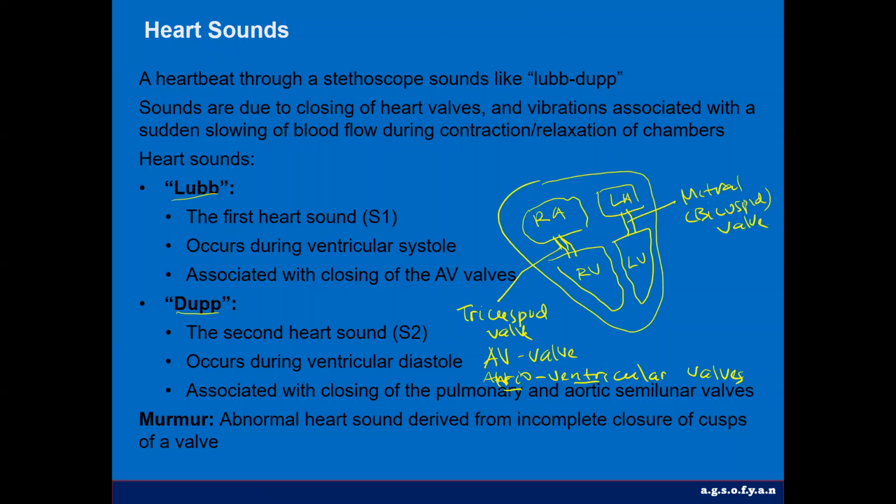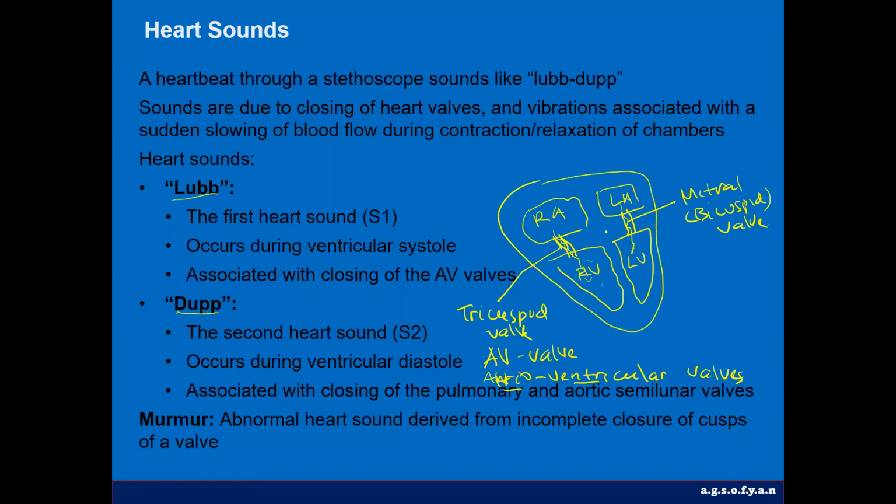So remember, when the atria contract, they will send the blood down to the ventricle. It will open these AV valves, the tricuspid and bicuspid valves, at the same time. Then the blood will fill up the ventricle.